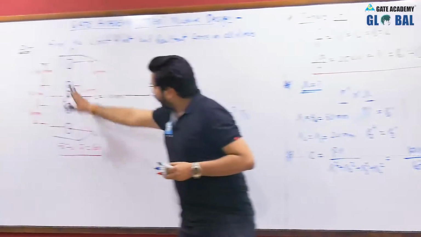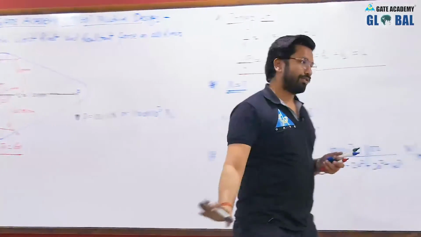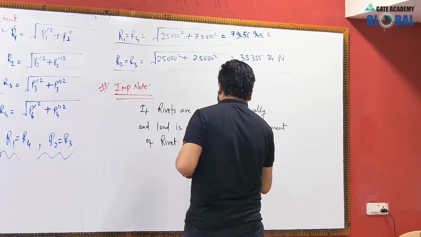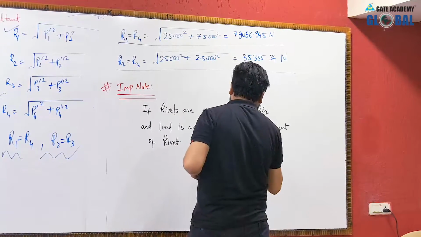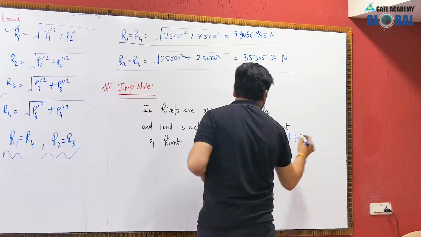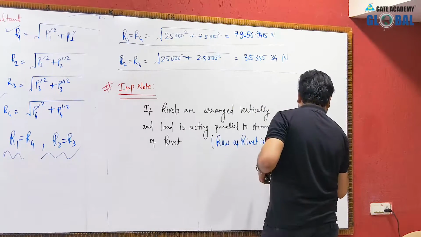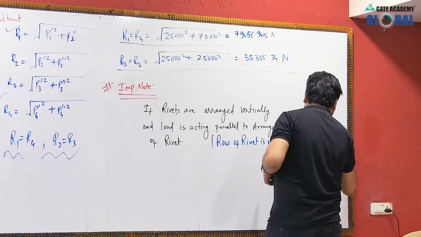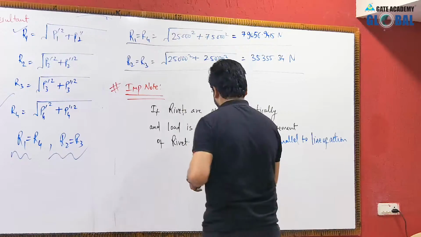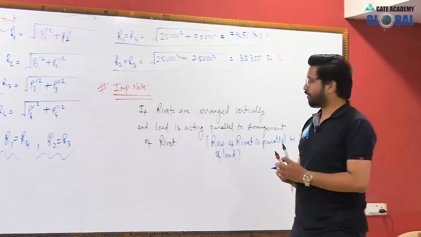So basically the row of rivets is parallel to the line of action of the load.